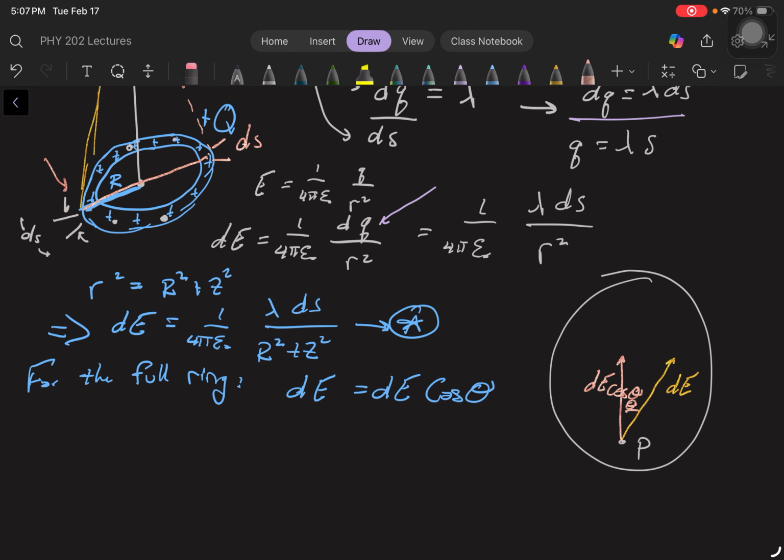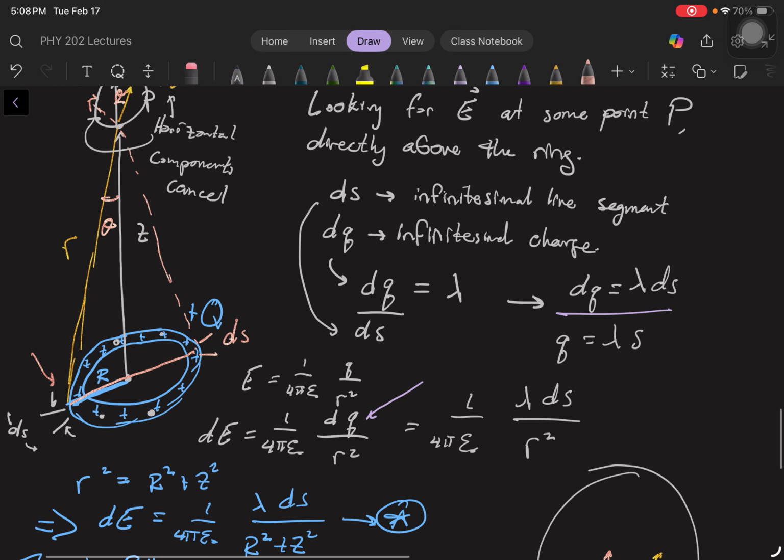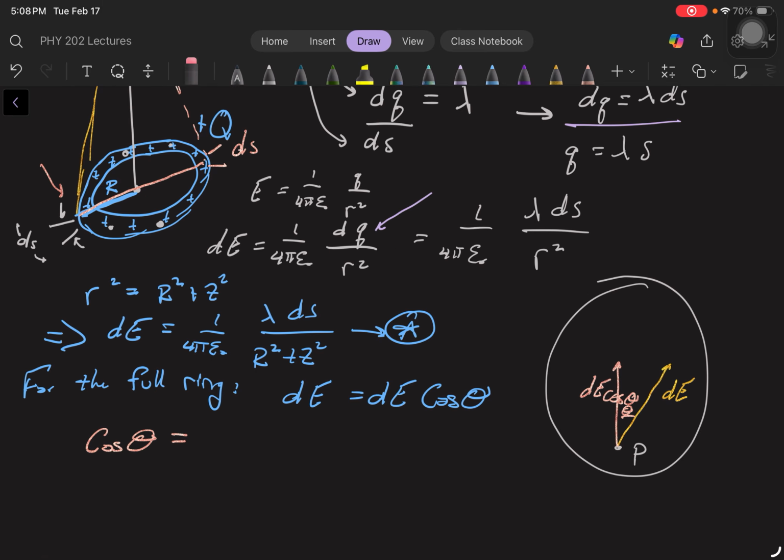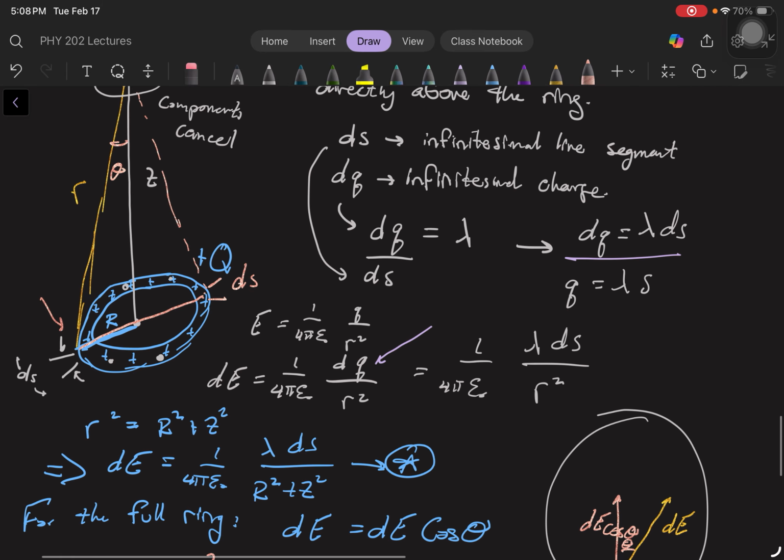Okay, and so we can also say cosine theta is equal to, if here's our triangle, SOHCAHTOA, we have CAH, where cosine is equal to adjacent over hypotenuse, and so we get cosine is equal to Z over capital R.